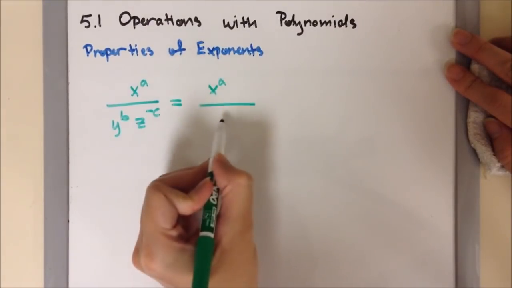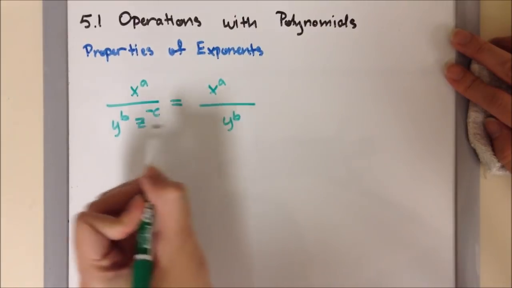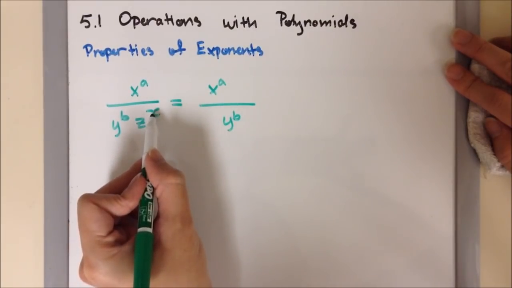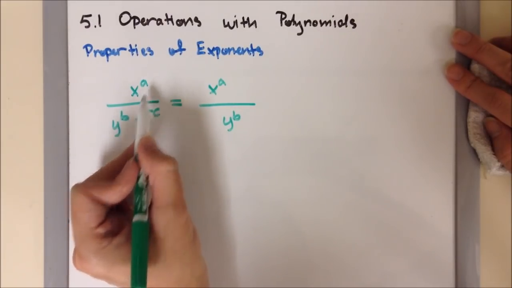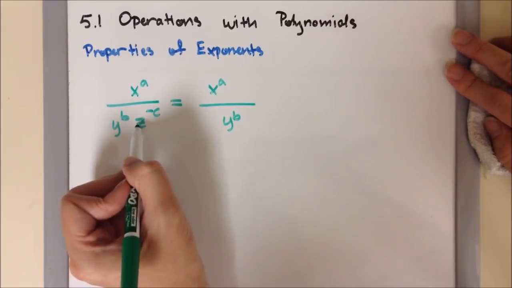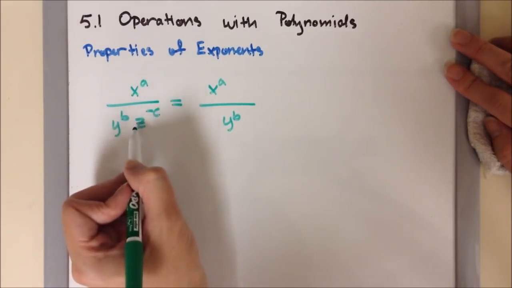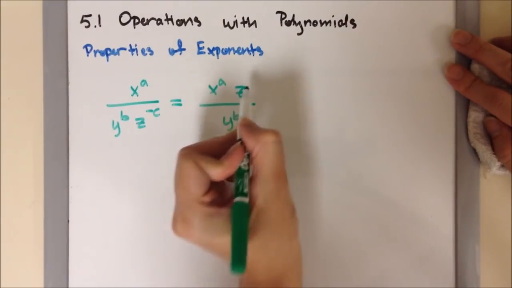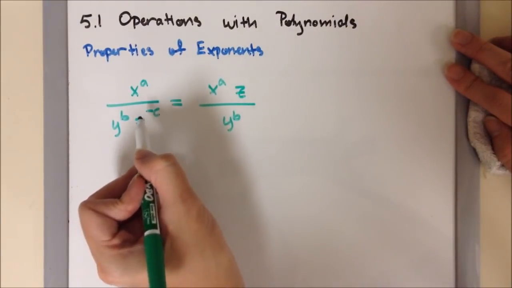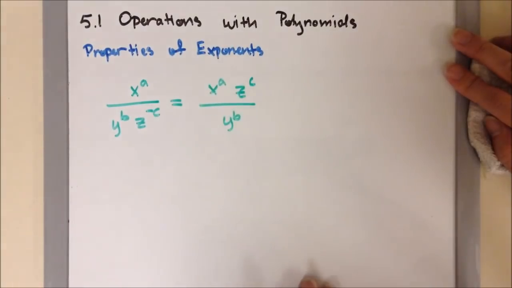X to the a and y to the b power. My z had the negative c exponent, so it's going to move from the bottom to the opposite side, which is to the top. So again, we're going to move it to the opposite side for the z. So from the bottom to the top. So my z will be up in the numerator, and instead of negative c, it will be positive c.